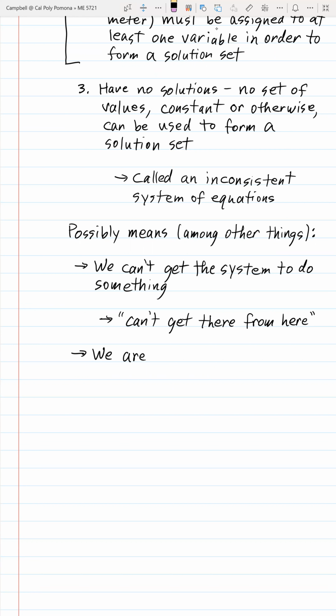Looking at it from an information perspective, we are getting some bad information. So the information in some set of the equations is perfectly fine, but one or more of the equations is giving us information that isn't matching up.